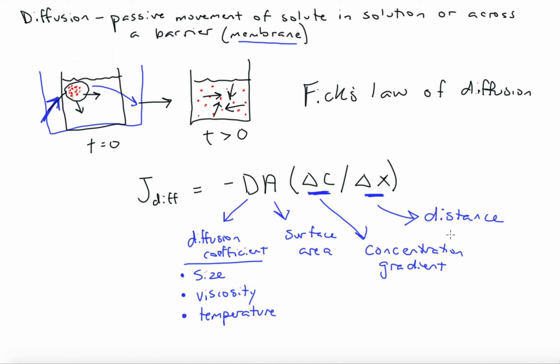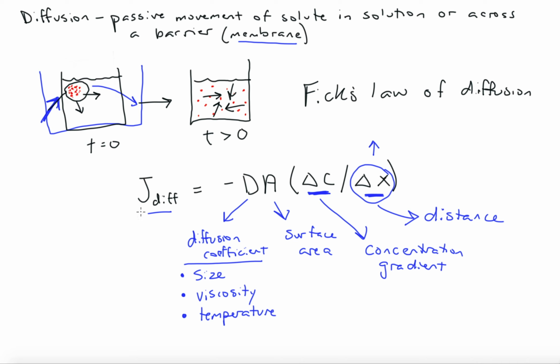Aha, now we are at inversely proportional. In other words, as distance goes up, as this increases, this is on the bottom of the equation, so as this increases, our diffusion over here would go down. Everything else was directly proportional. When D, A, or delta C went up, diffusion went up. But if delta X goes up, the distance goes up, then diffusion goes down.